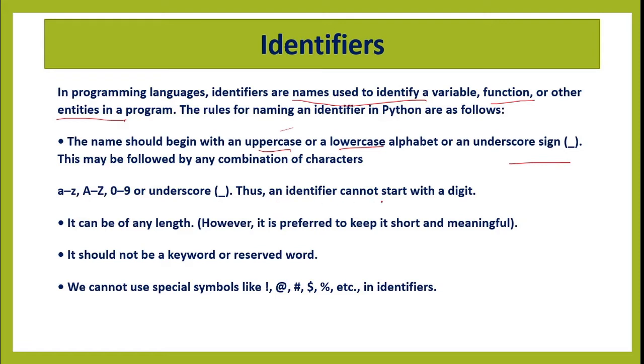But the identifier cannot start with a digit. Then the second rule, it can be of any length. Then third one, it should not be a keyword or reserved word. Then fourth one, we cannot use special symbols like exclamation mark, at symbol, hash, dollar, percentage, etc. in identifiers. So these are the rules for naming the identifier in Python.